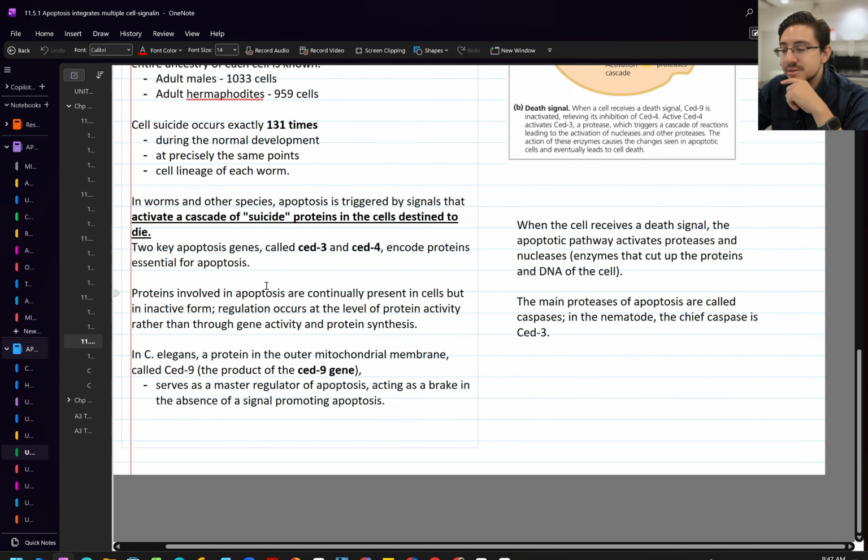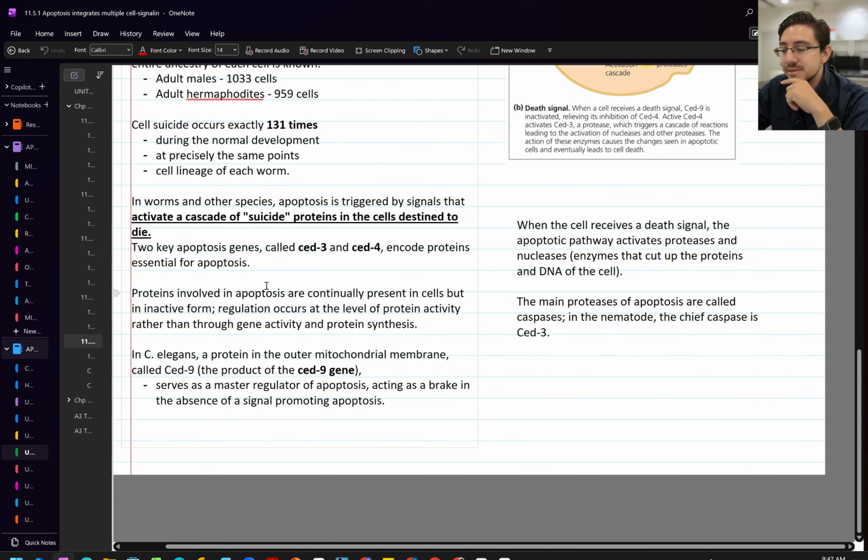In C. elegans, a protein in the outer mitochondrial membrane called CED9, coming from the CED9 gene, serves as a master regulator for apoptosis. It can act as a brake whenever there's an absence of a signal-promoting molecule that induces apoptosis.